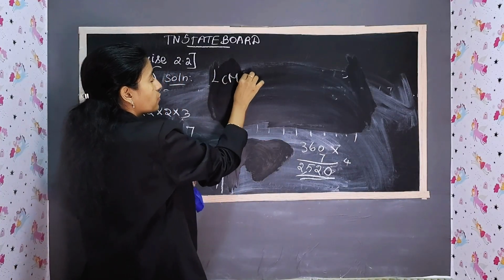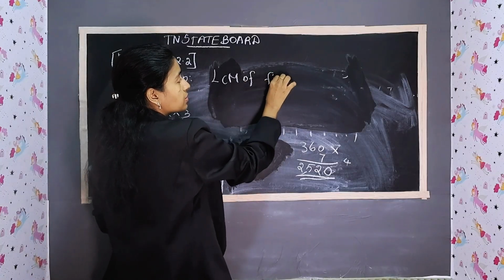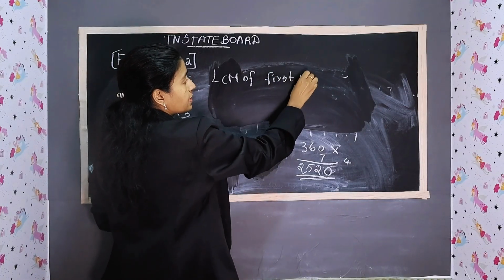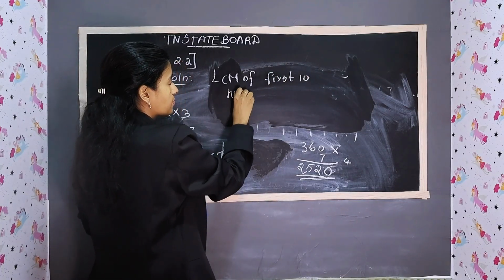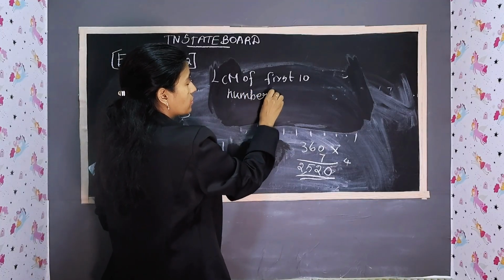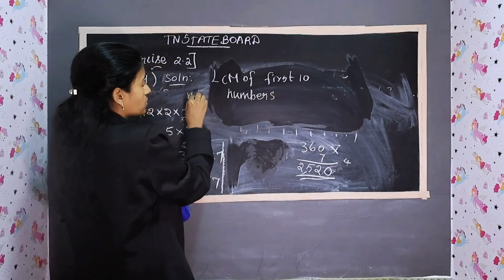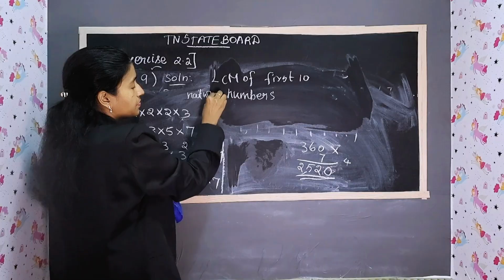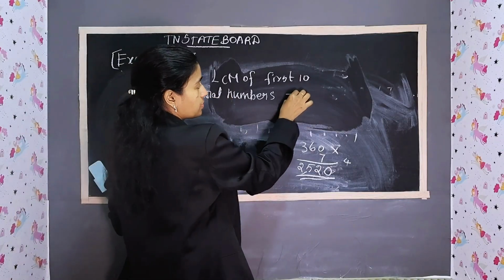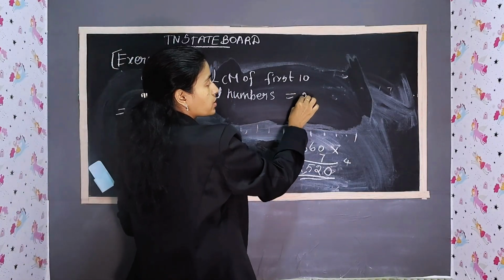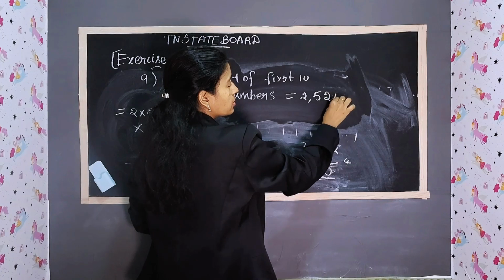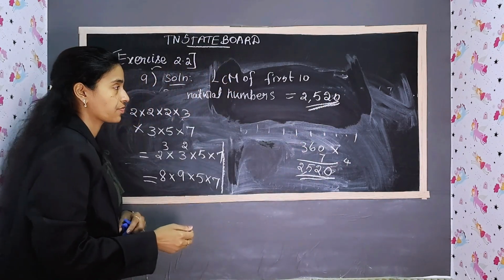How can we write the answer? LCM of first 10 natural numbers equals 2520.